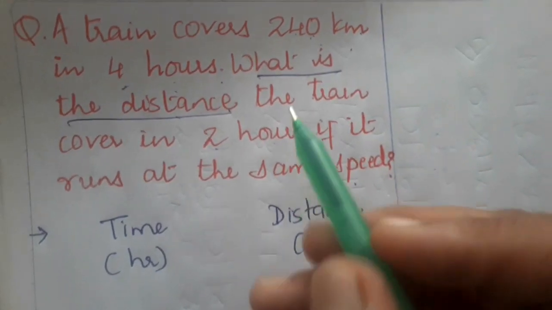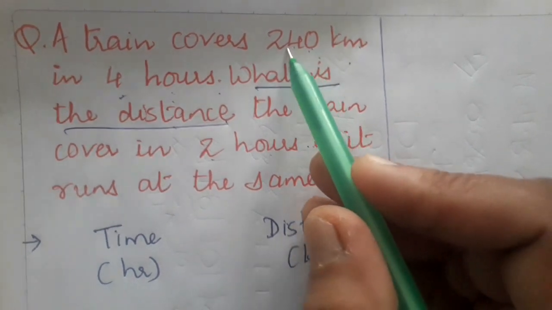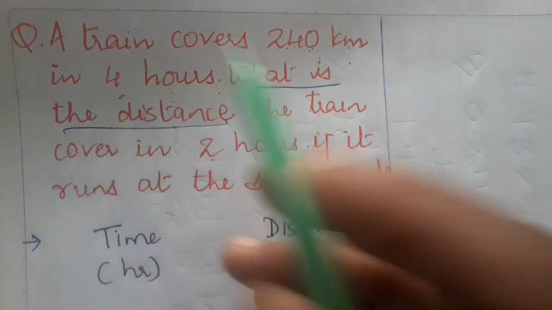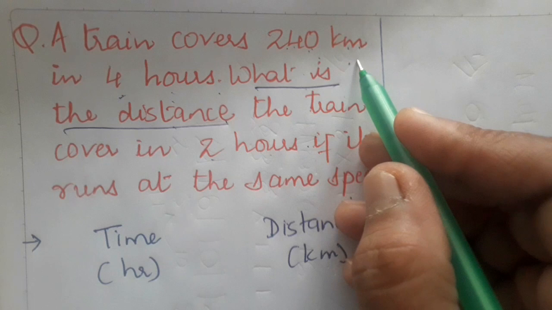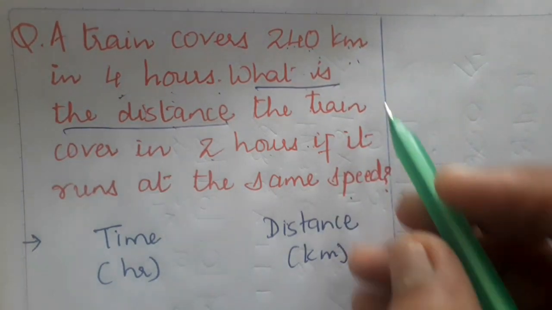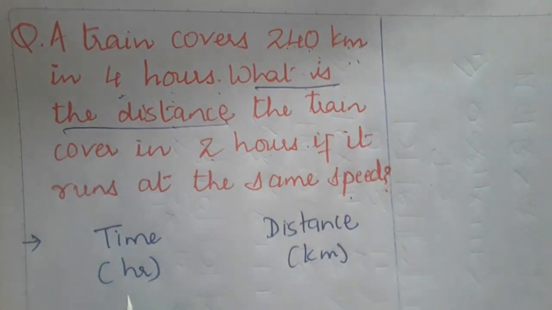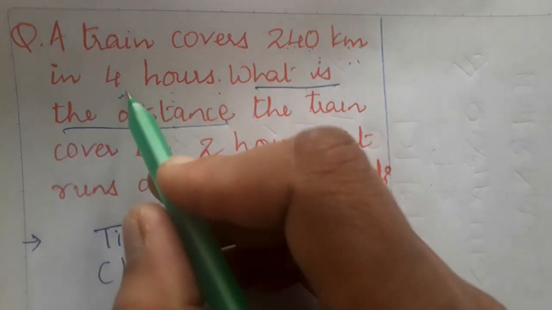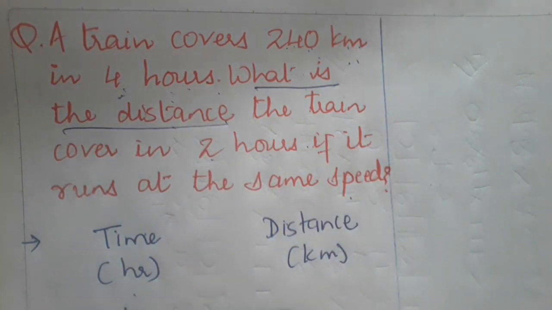Now reread the question. First statement says 240 kilometers 4 hours. So 240 kilometers, write it in appropriate column. That is 240, don't write here. This is the space for writing time. Okay, so 4 hours, so 4 I need to write here, and 240 kilometers, so 240 you need to write over here.